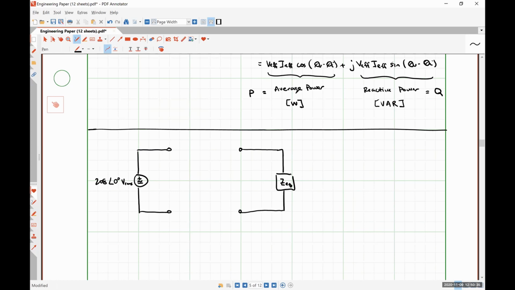So let's talk about the types of loads you might see in a home. You're going to have televisions and things like that, right? Most people own a TV nowadays. Those would typically be classified as a purely real load. What I mean by that is a television itself is going to have plenty of capacitors and inductors and all that kind of stuff in it, for sure.